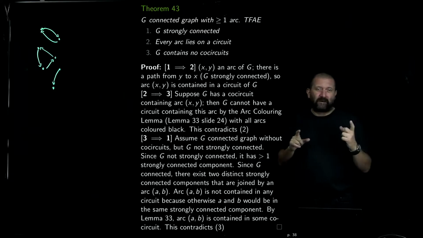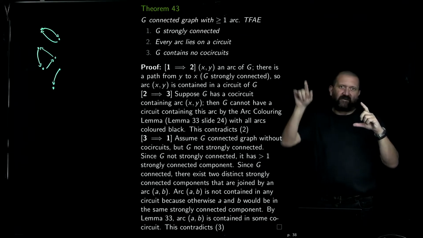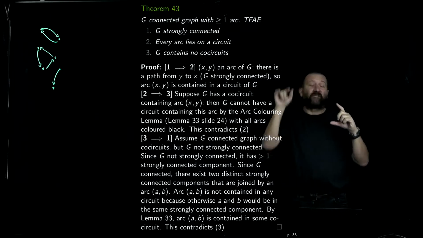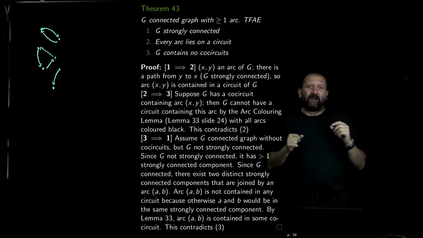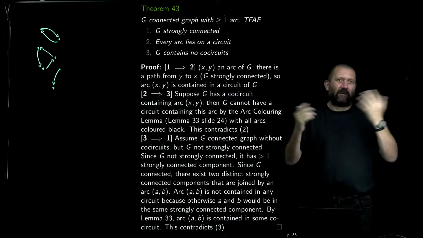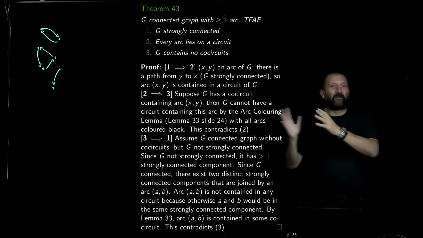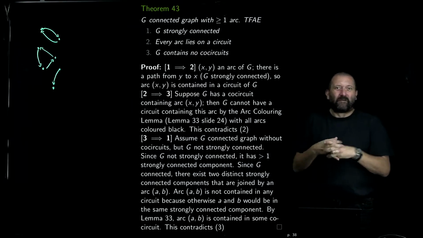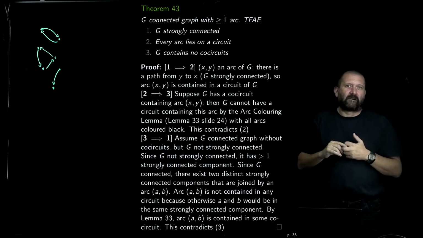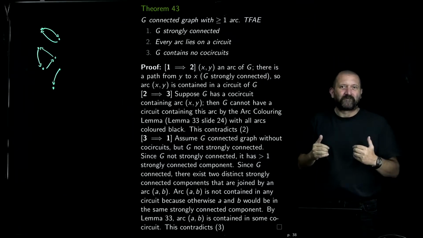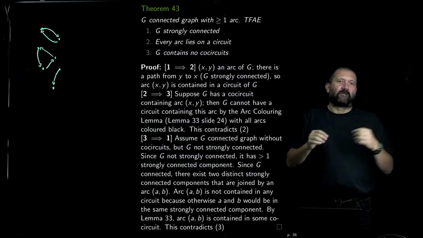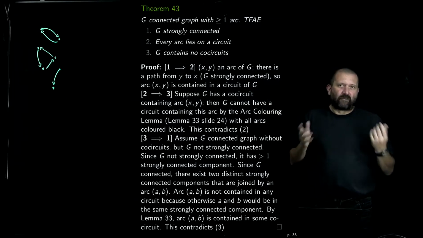If you remember, the coloring lemma told us that we could color things in such a way that either all the arcs in a certain direction were colored black, or the co-circuits were colored black and green. Turn back to this and you will see it. But that contradicts our assumption that every arc lies on a circuit. So it's not possible that G, having every arc on a circuit, contains co-circuits.